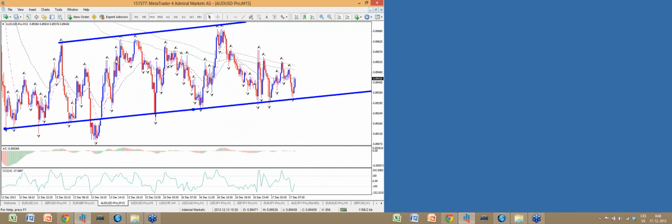The 50-minute chart is very choppy. It's not easy to trade this as a breakout trader.